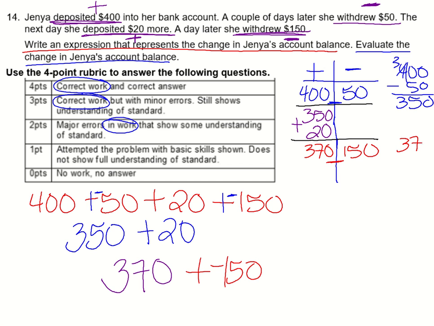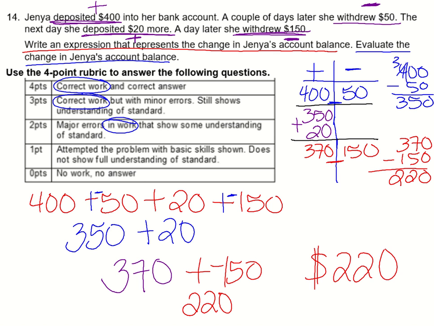I'm going to definitely need to set up my algorithm problem like in elementary school. 0, 2, 2. And because 370 is positive, we would say 220, and then we'd say it changed $220. And that's everything that was being looked for in question 14.